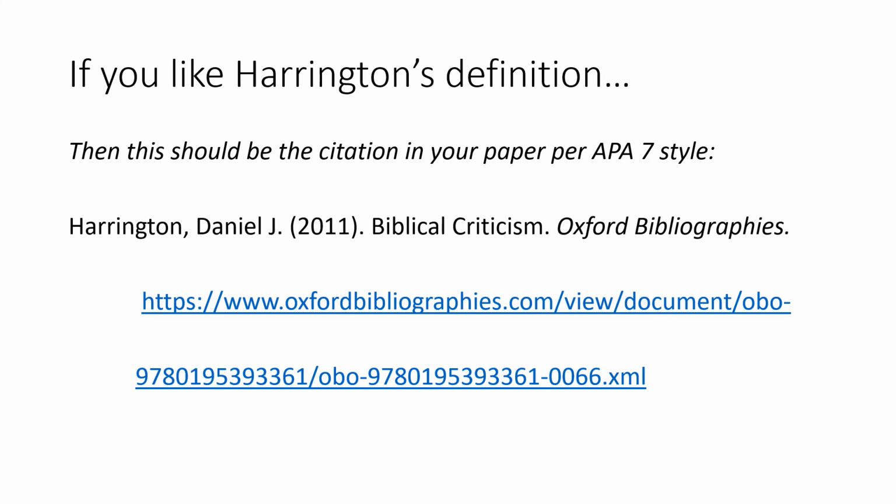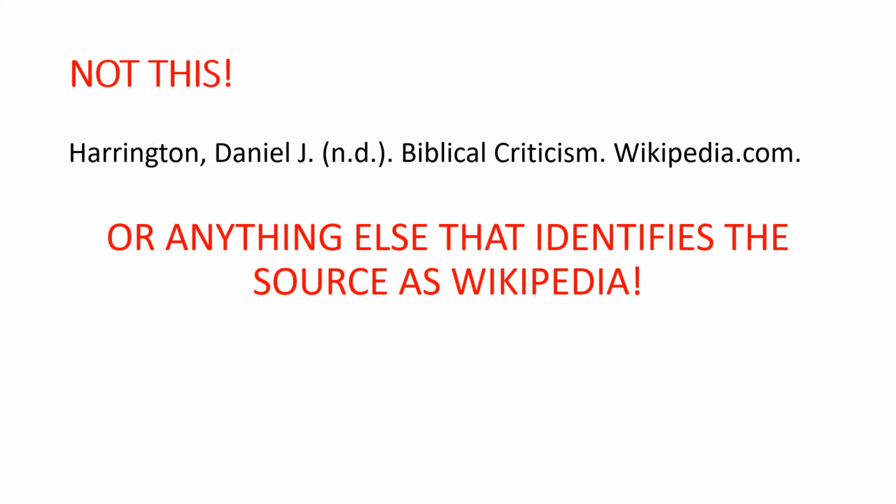Harrington, Daniel J. 2011, which is the date the article was originally done, Biblical Criticism, Oxford Bibliographies, and then the source of the citation. Don't just copy the other form because that's the wrong format. And definitely do not do this: Harrington, Daniel J., no date, Biblical Criticism, wikipedia.com. That will fail every time. So nothing that looks like this, nothing about Wikipedia.